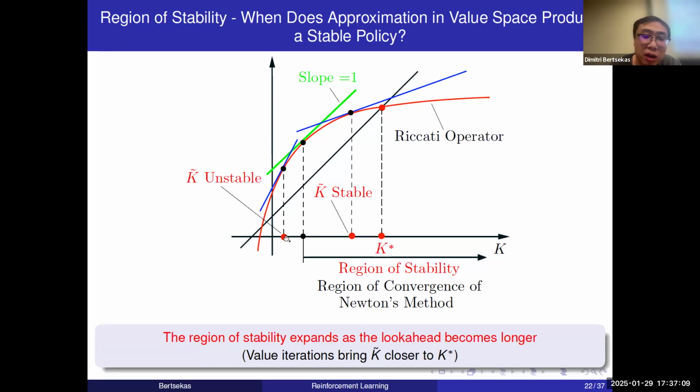On the other hand, if we look at this point, suppose this is our cost coefficient, and we do one-step look ahead, we draw a tangent line whose slope is larger than 1, as shown here. As a result, it does not have an intersecting point with the 45-degree line among the positive part.